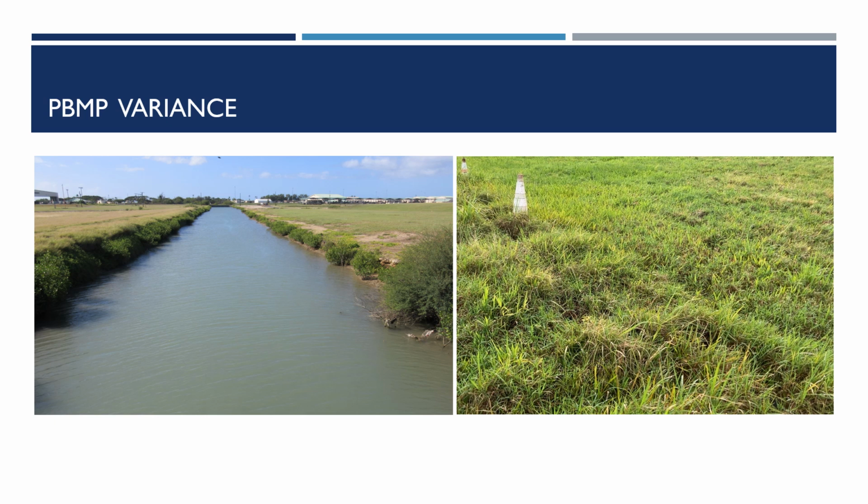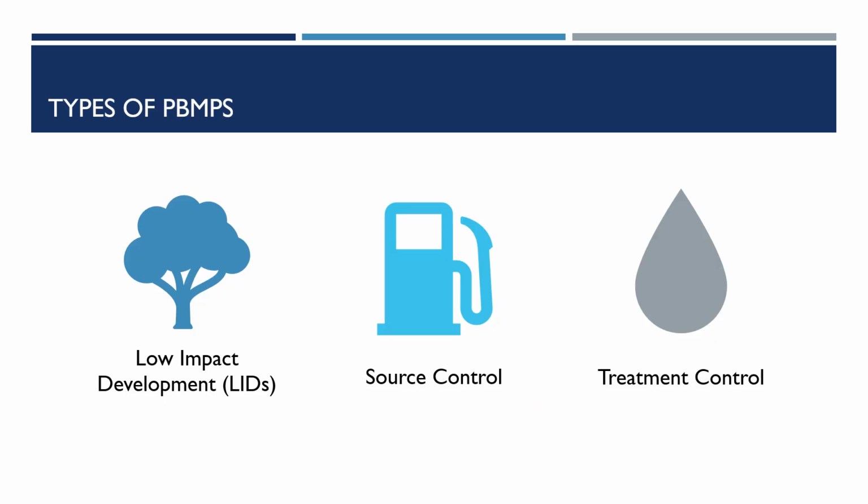The designer will fill out the PBMP variance section of the design review process and provide project information for AREE's review and approval. Projects that are not approved for a PBMP variance will need to implement PBMPs. There are three types of PBMPs: low impact development, LID, source control, and treatment control.